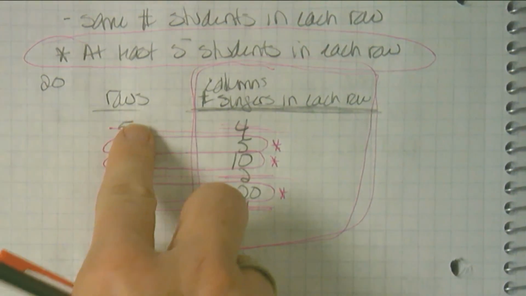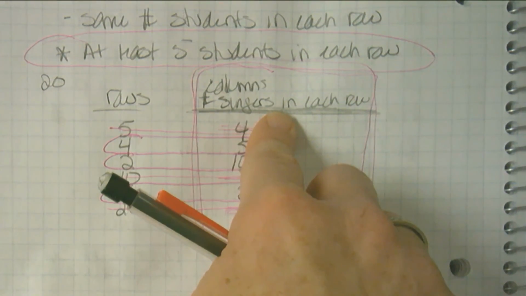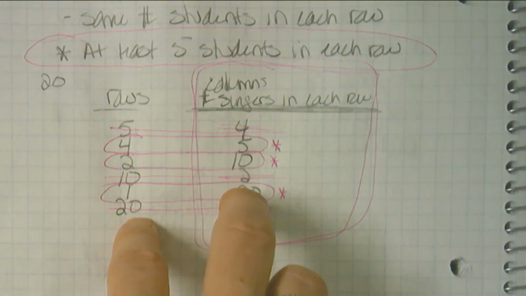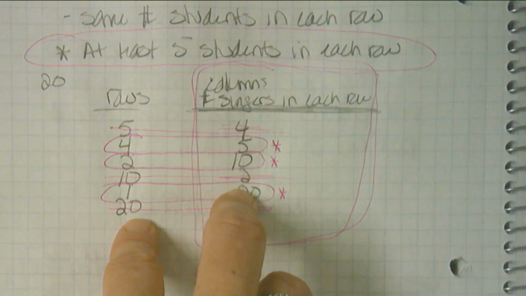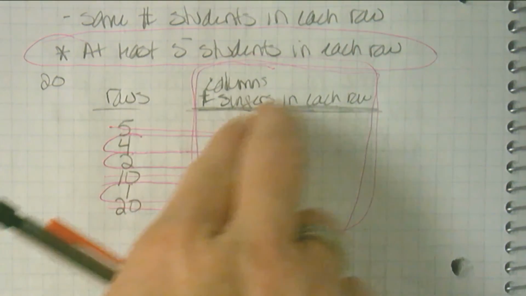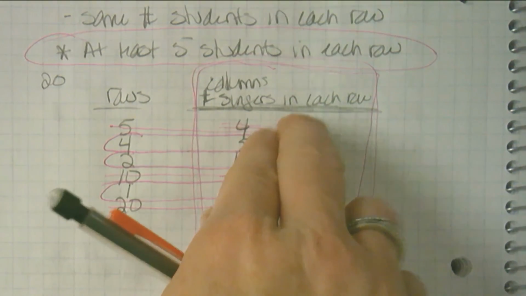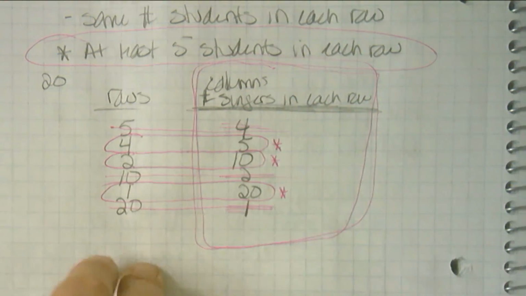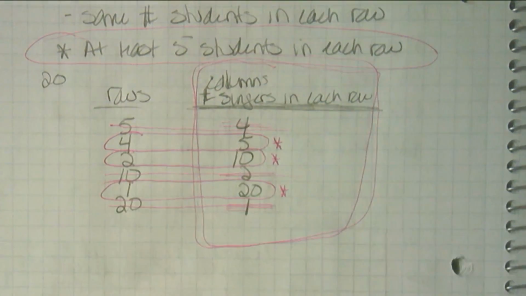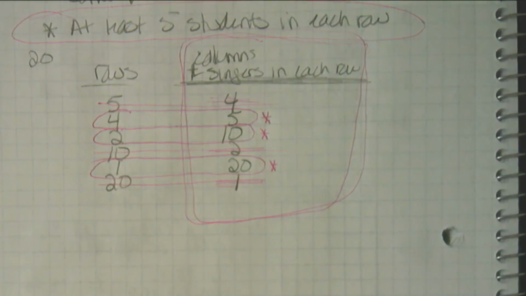If this just says rows and columns, then I need you to explain, all of you, what this means. Do you guys understand? All right, so Kira and Layla, you asked that question. If this does not say number of singers in a row here, then I need you to explain your answer. But this says rows and this says number of singers in a row. I'm good with that. Frankie.